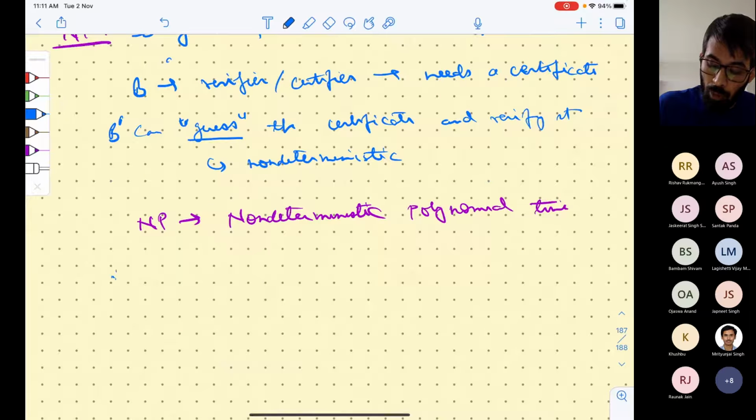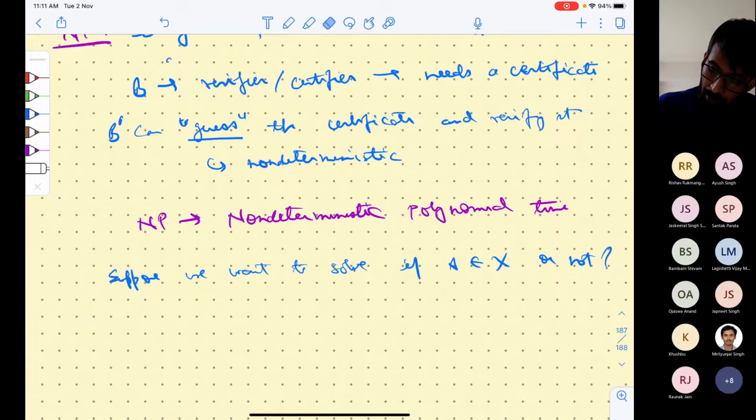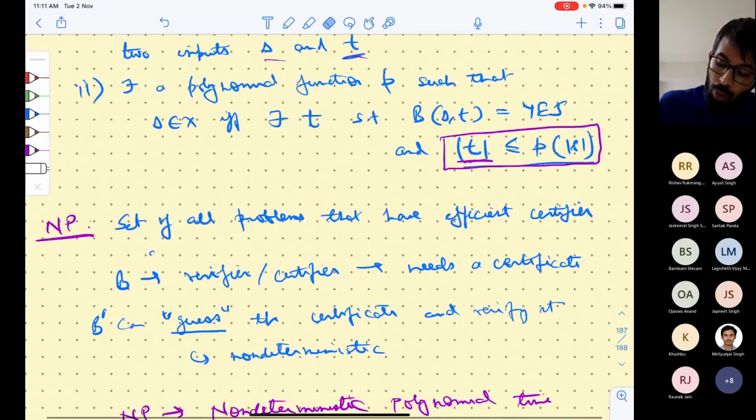So suppose we want to solve whether some S belongs to X or not. For that, we want to use this definition.